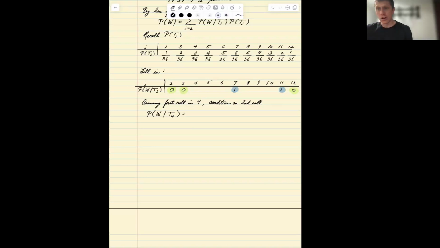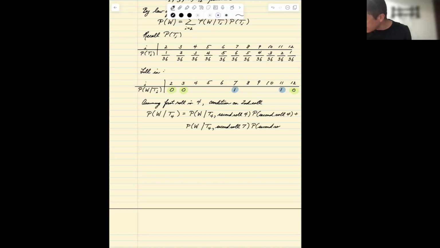Well, let me write down the law of cases again. So the probability that we win given T4 and the second roll is a 4 times the probability that the second roll is a 4, plus the probability that we win given T4 and that the second roll is a 7 times the probability that the second roll is a 7.